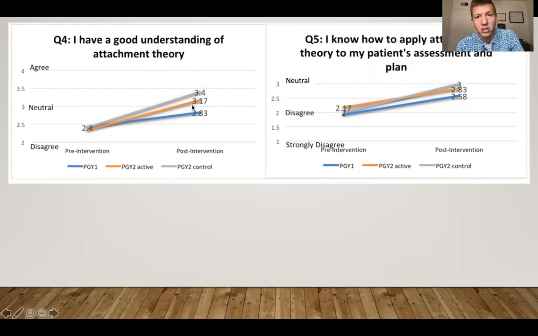And we found that the PGY2s tended to improve a little bit more, including the PGY2 control, which I wouldn't expect. And in regards to the second question of applying attachment theory, that was even further down on the disagree. And overall, similarly, there was a 1/2 point to full point improvement with better improvements in the PGY2s.